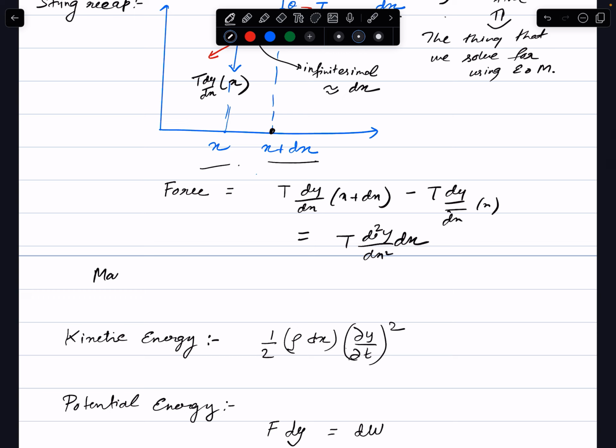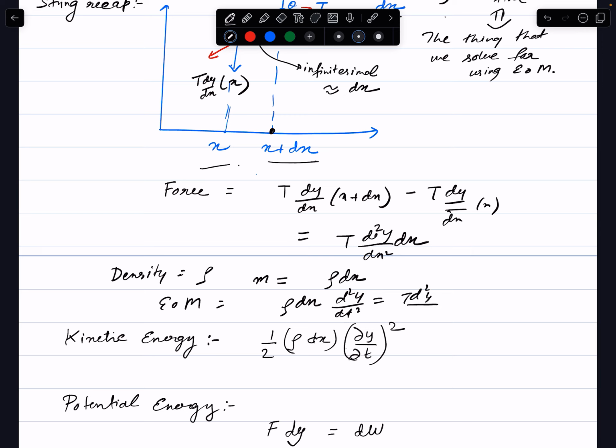And mass: if the density, that is mass per unit length of the string, is rho, then the mass of this infinitesimal length is rho dx, and acceleration is d2y/dt2. So the equation of motion is rho dx, mass into acceleration d2y/dt2, equals T d2y.